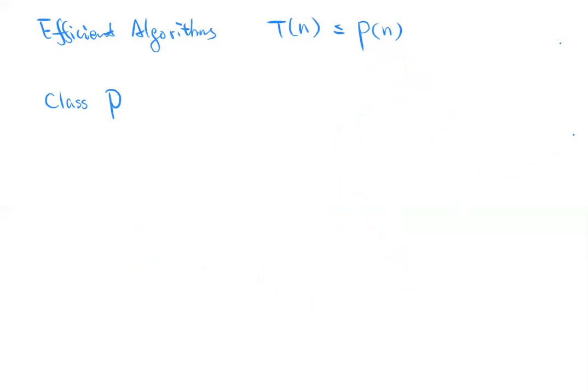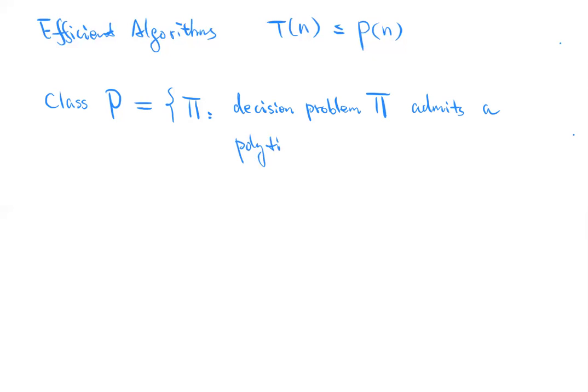So P equals all problems, and of course, as I said, we focus on decision problems, so this problem is a decision problem, that admits a polytime algorithm. That's what we mean by class P.